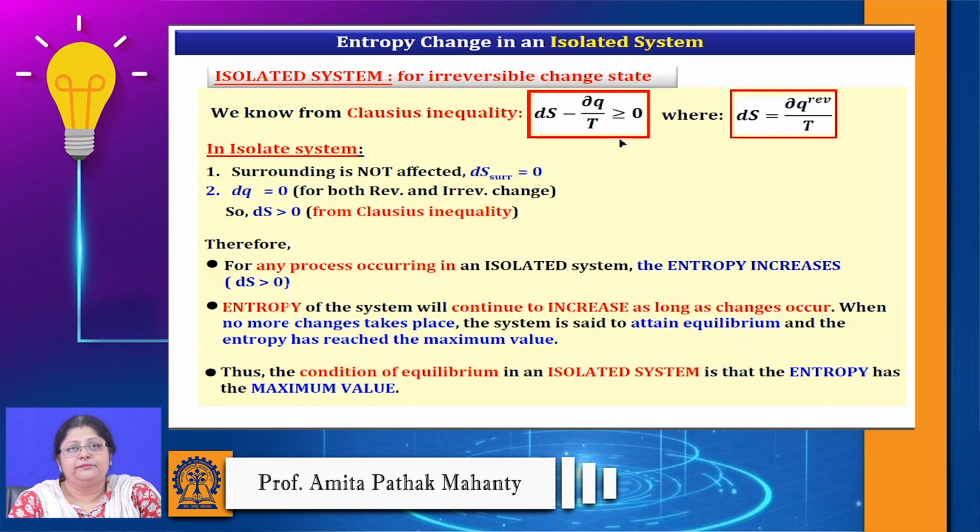I want you to just remember one thing. Whenever I write dq by T and do not represent dq reversible, that means this dq is actually a composite of dq reversible by T and dq irreversible by T. This will not be specifically written in any book, but you need to understand. When I write dq by T, that means it is a combination of dq reversible by T and dq irreversible by T.